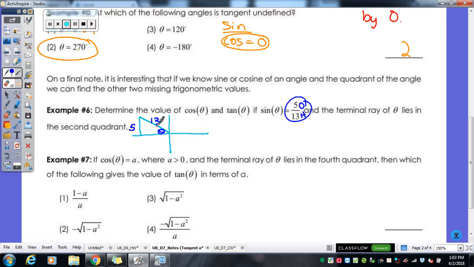But since we are in the second quadrant, that 12 ends up being negative because you're going to the left on your x-axis, so it's a negative 12. Okay, so now that we know all three sides of our triangle, we can find our cosine and tangent, which is what they asked us to find. So what would be the cosine of our angle?